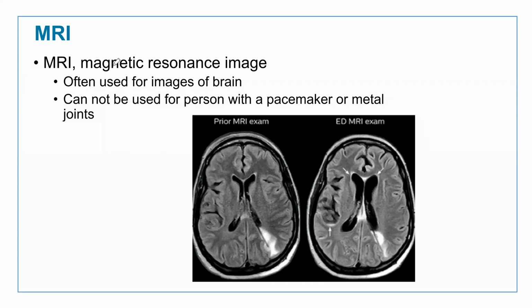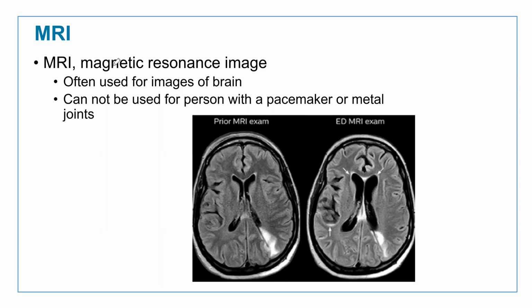So for example, if you have a patient with a stroke who is delivered to the emergency room, if they suspect the patient has a stroke, they're going to use a CT scan to verify if there is a clot inside blood vessels or some other problem.